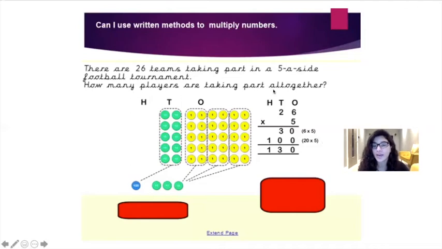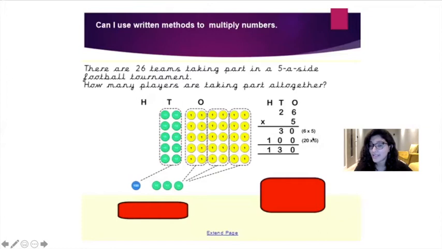So over here, it looks like it's the column method, but what's actually happening is 5 is being multiplied by both the units number and the tens number. So the units number is 6, the tens number is not 2, remember, it's 20 because it's in the tens column. So if you do 6 times 5, you should get the answer 30.